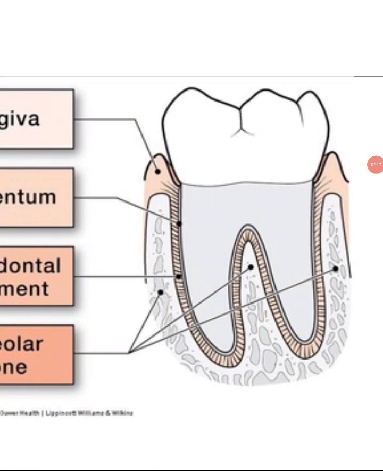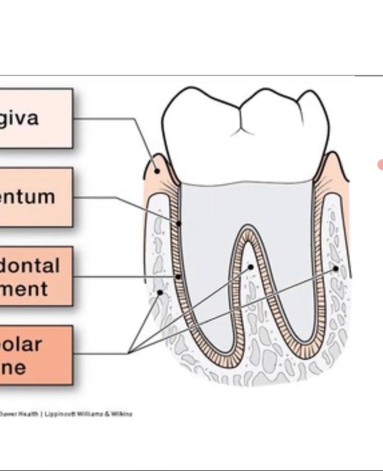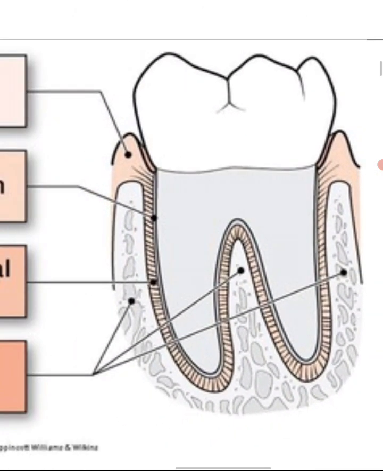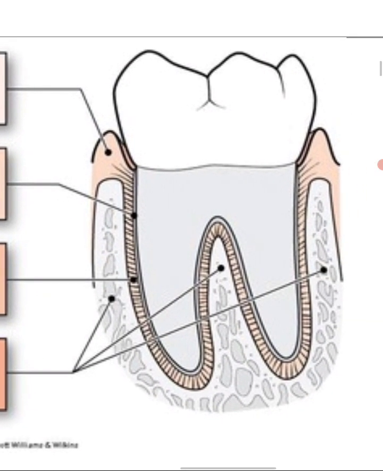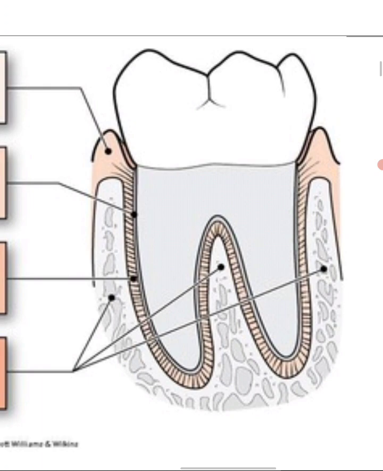We know the tooth is surrounded by a tooth attachment apparatus, الجهاز الحامل للسن مثلا، تمام, which is composed of 4 main structures or tissues.